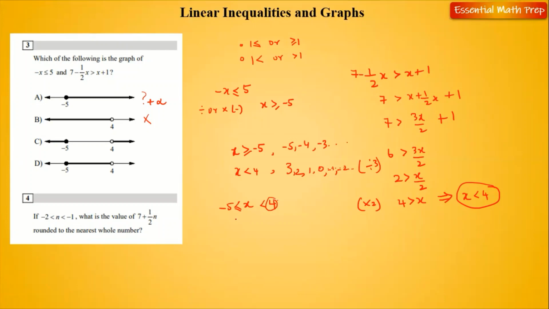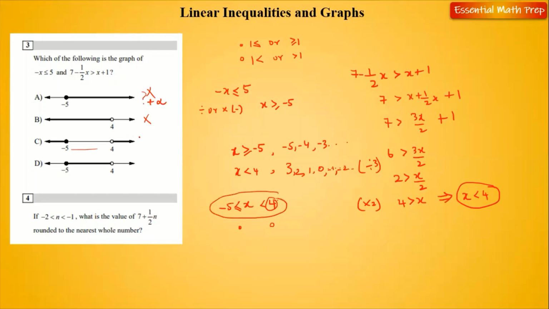That means you have a combination of a solid dot and an open dot, right? So that means this is also out of the question. We can have this, but then this is incorrect. Why is this incorrect? Because this is not capturing a collective expression. You have a collective expression.